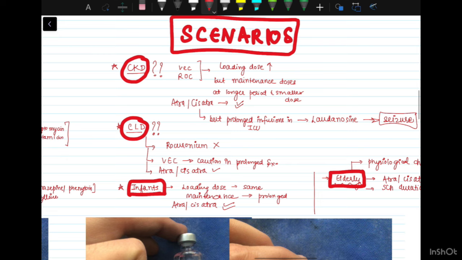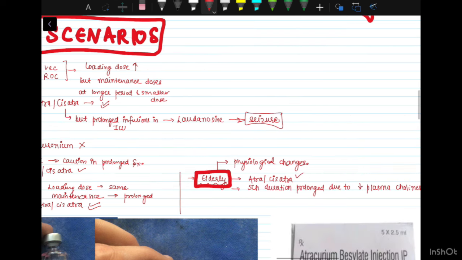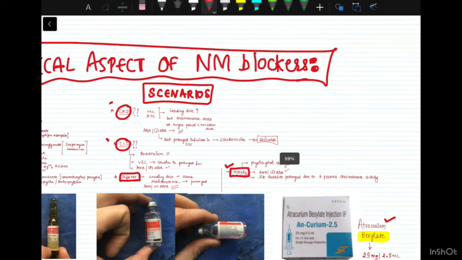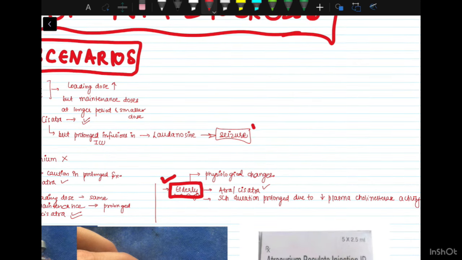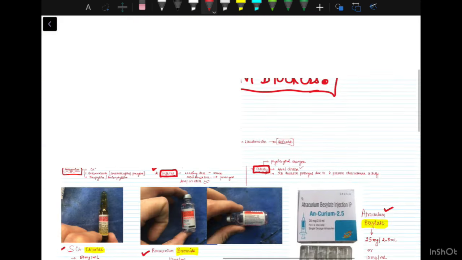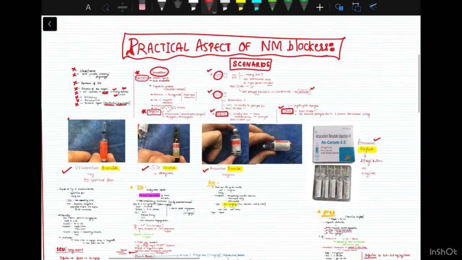Then we'll deal with scenarios like chronic kidney disease, what to do, CLD, chronic liver disease or liver failure patients, what to give and what not to give, in infants and in elderly patients, and also seizure patients. These are the points that we're going to cover.